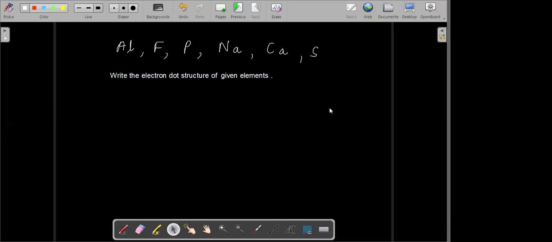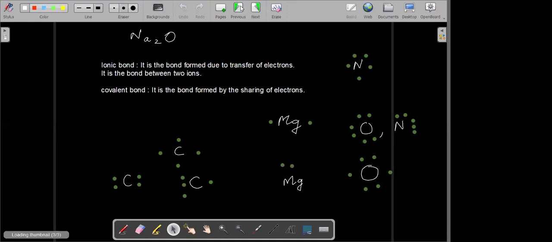I'll be able to check all at the same time. Earlier I was checking one by one. I'll be checking everyone at the same time. Sir, the dot structure means the valence electrons? The dot structure means this one which we were drawing here. Okay, this I'm talking about.